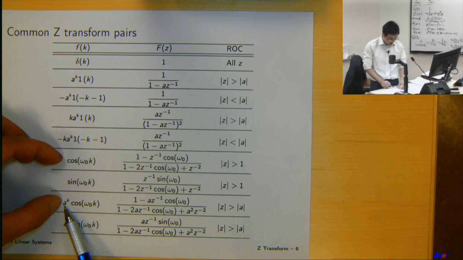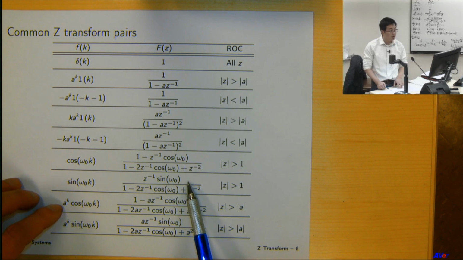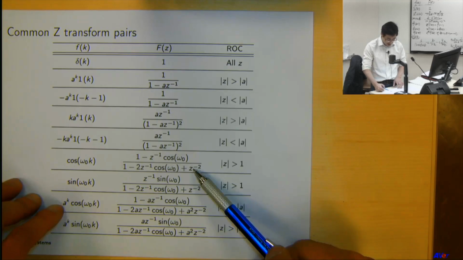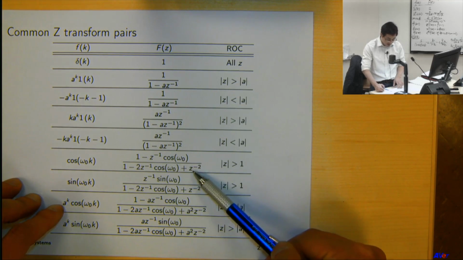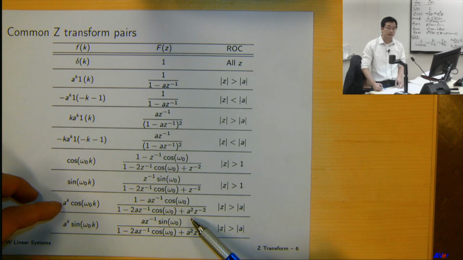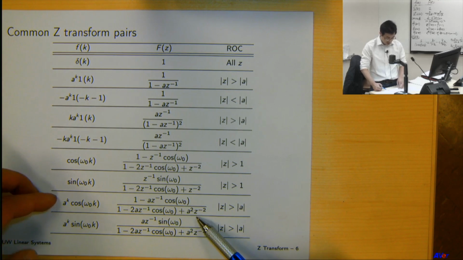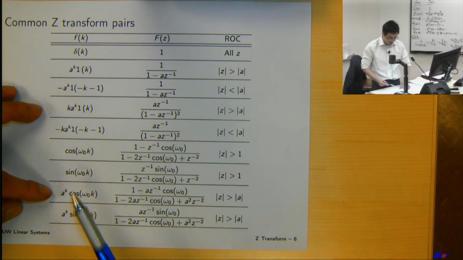So if you scale your time sequence by a geometric sequence, then we talk about the property. It is replacing z by a scaled z, so it's just a scaling of z in the z domain. Immediately using one of the properties we just talked about, scaling in time.